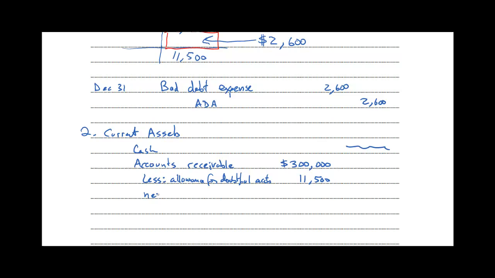So net accounts receivable 288,500. Okay, and so that's requirement number 2.